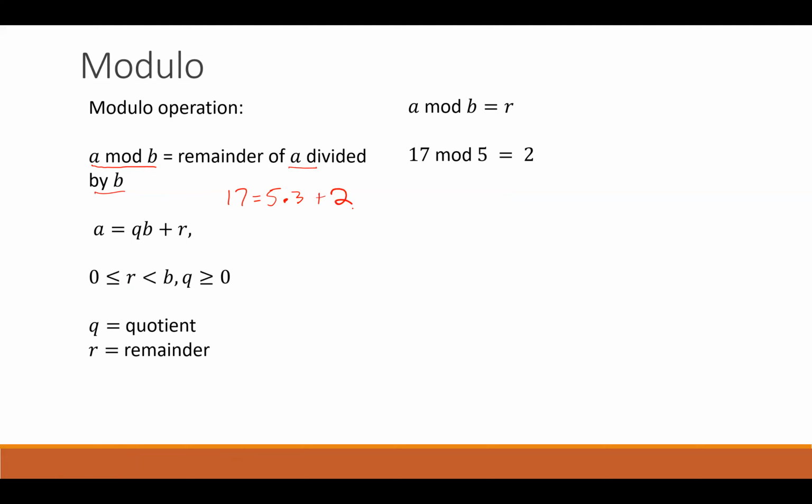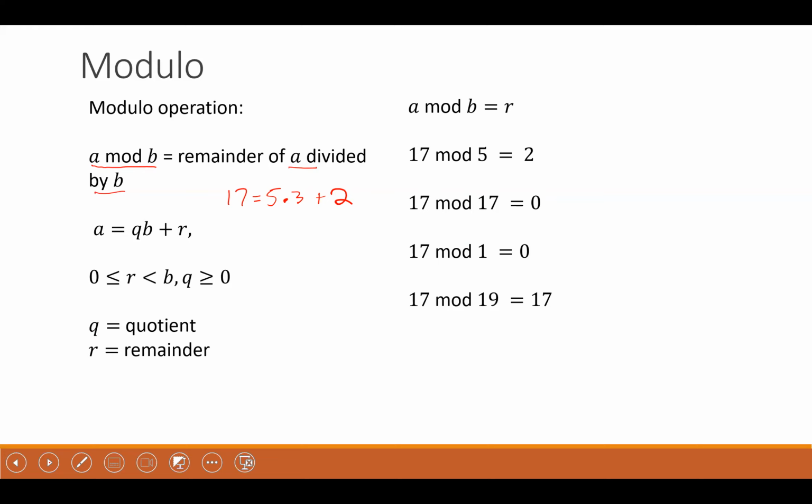So 17 mod 5 is equal to 2. 17 mod 17: 17 divides into itself once, the remainder is 0. 17 mod 1: 1 goes into 17 17 times with a remainder of 0. 17 mod 19, or a number mod anything larger, simply gives me a remainder of 17. How many times does 19 go into 17? It goes 0 times with 17 remainder.